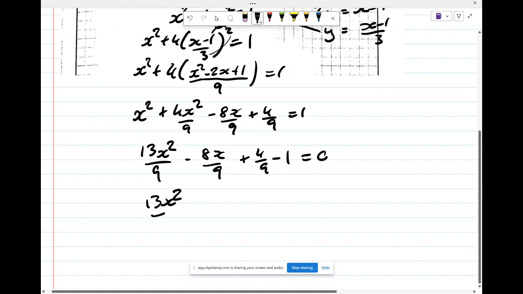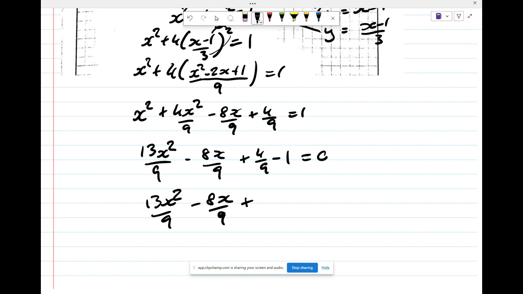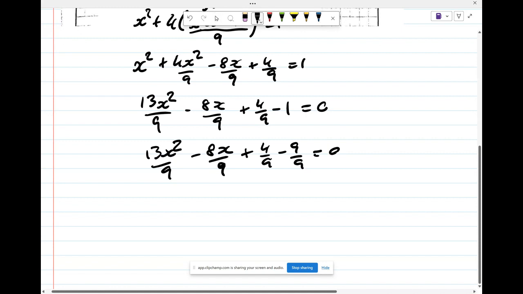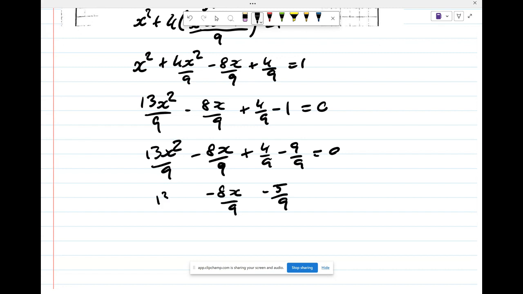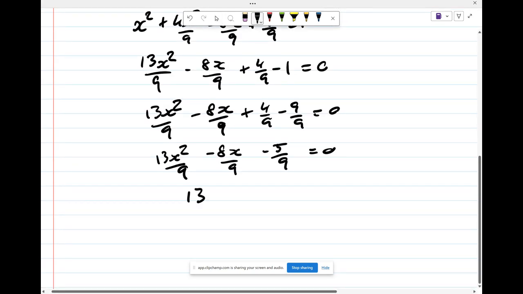13x squared over 9 minus 8x over 9 plus, that's 4 over 9 minus 9 over 9. So that's going to be minus 5 over 9. 13x squared over 9. We can multiply everything by 9, so it's 13x squared minus 8x minus 5.